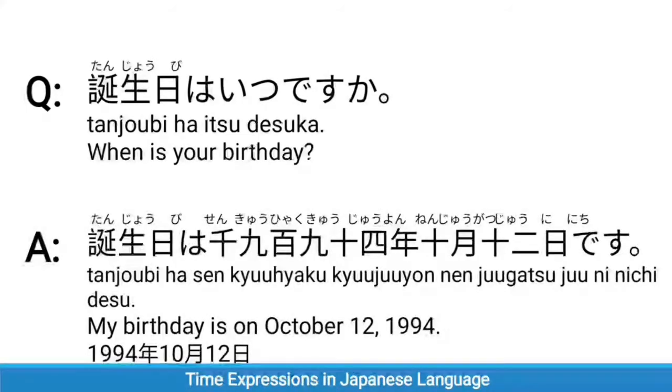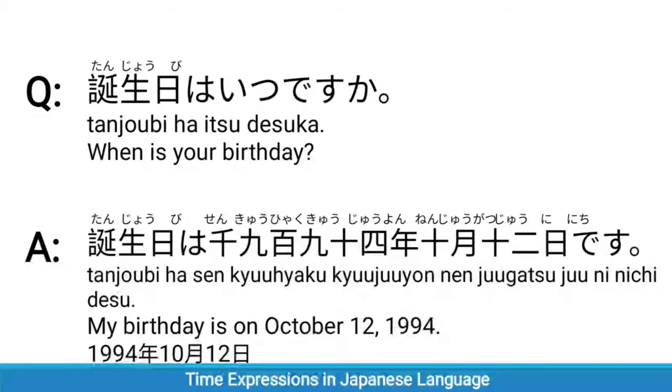Ang sagot ko is, Tanjoubi wa 1994年10月12日です。So, in English, my birthday is on October 12, 1994.